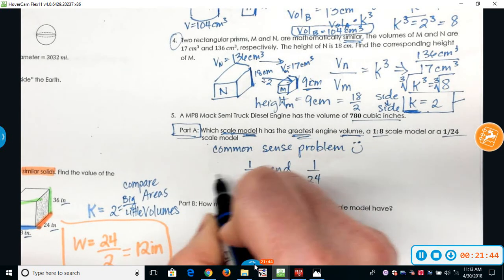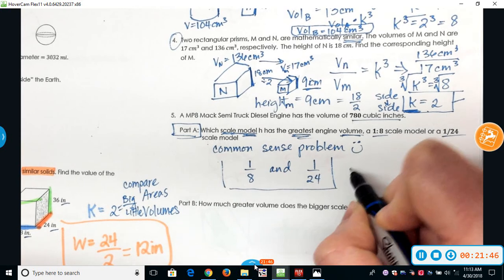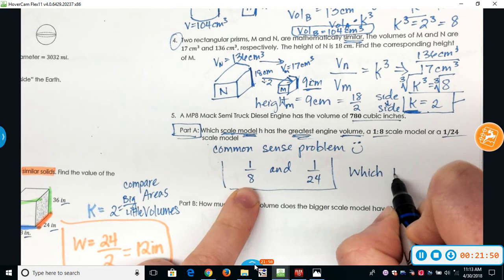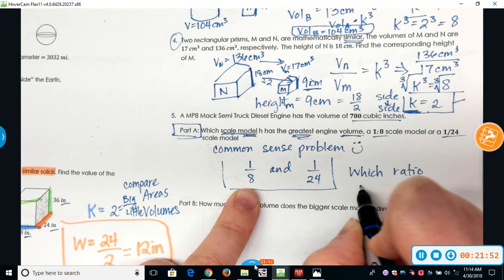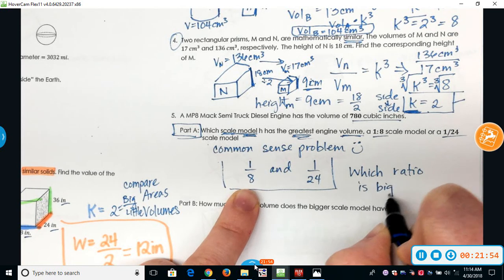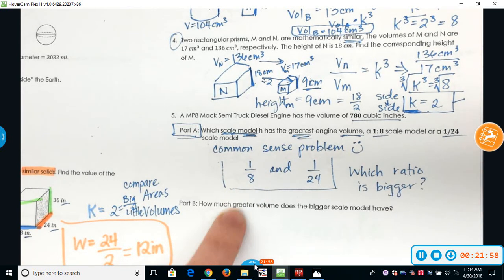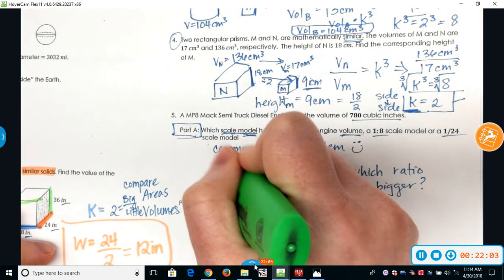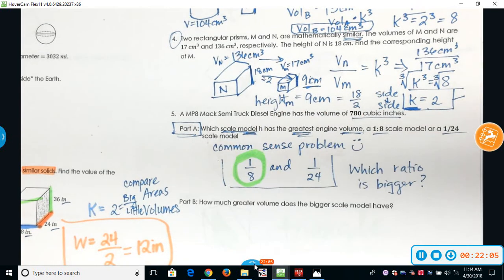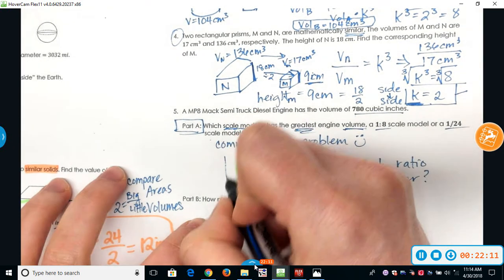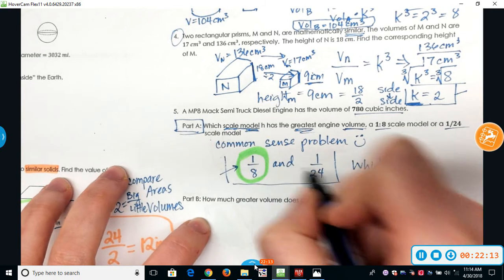So the common sense here is which ratio is bigger. Without doing any math, I know that a 1 to 8 is going to be bigger. Essentially, these are your scale factors.